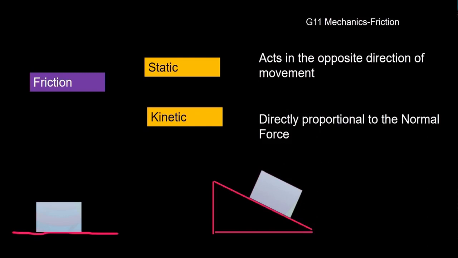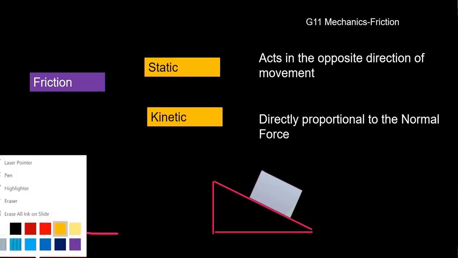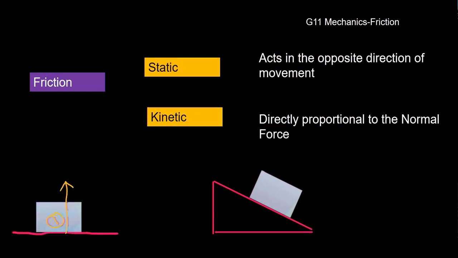So over here, I've got the first example, number one, the box on the horizontal surface, there's no slope. The normal force is the one that acts up on the object. I'm going to change my color because you can't see it much. So this is the normal force.